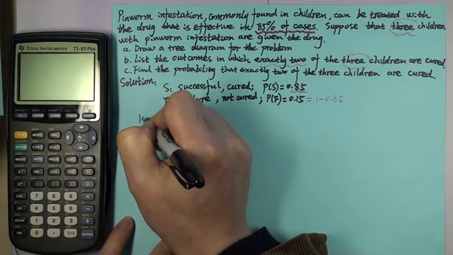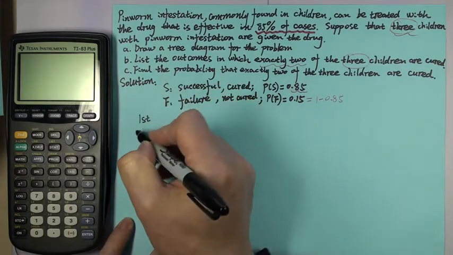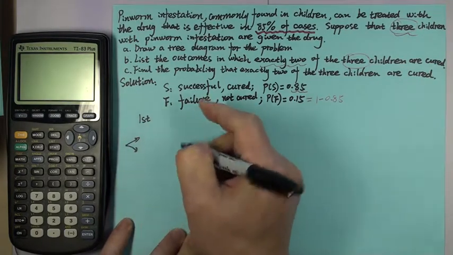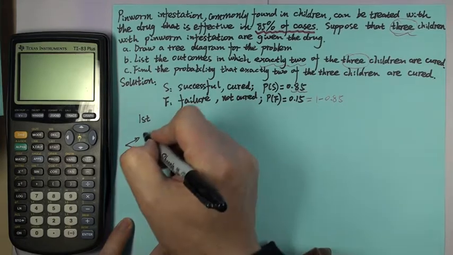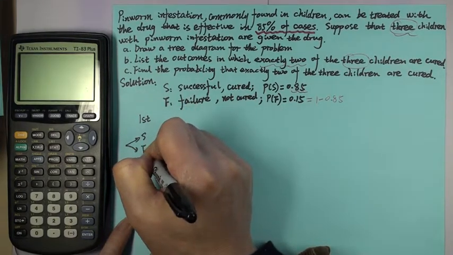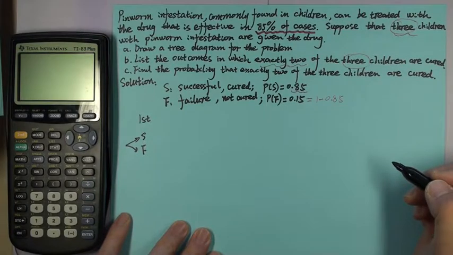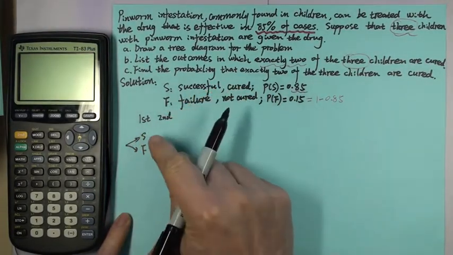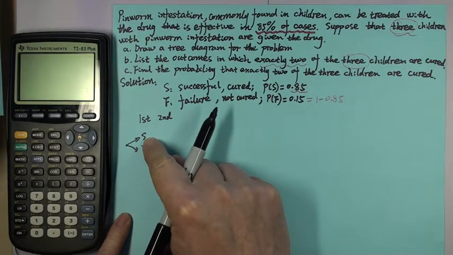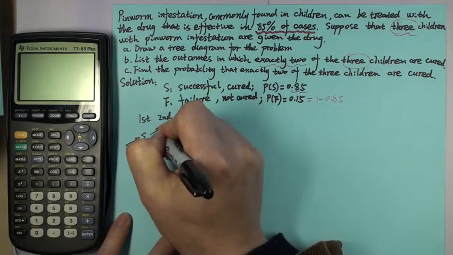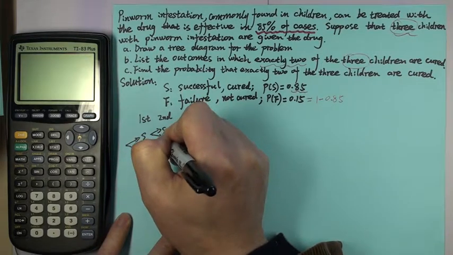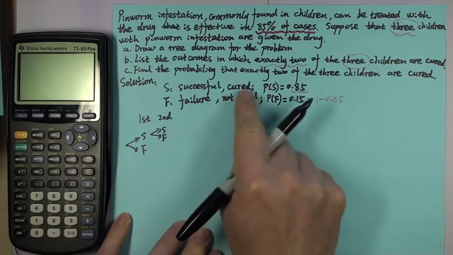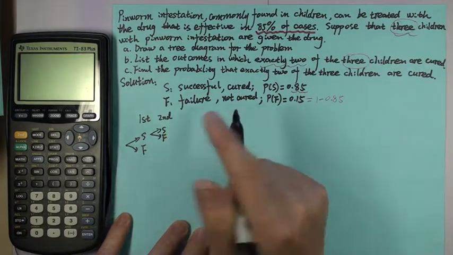The first child has 2 possibilities: cured or not cured, S and F. If the first child is cured, there are 2 possibilities for the second one, cured or not cured.